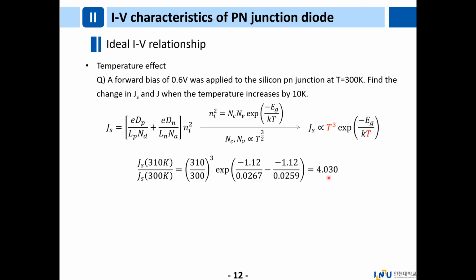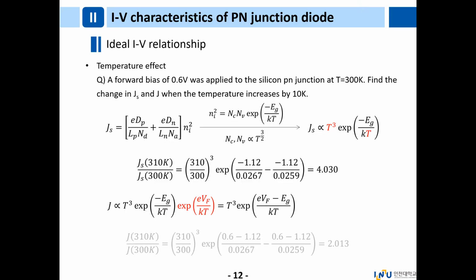And next, we know that the forward current is proportional to T cubed exponential eVF minus Eg over kT, since there is an exponential eVF over kT term in addition to this Js.